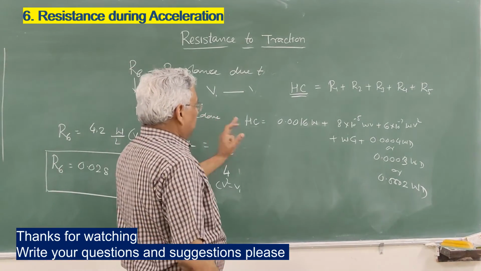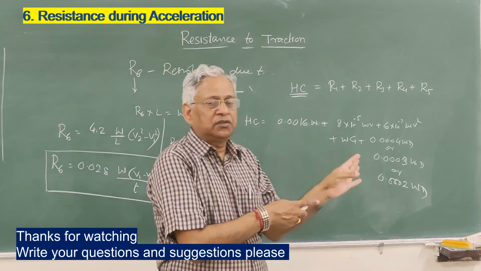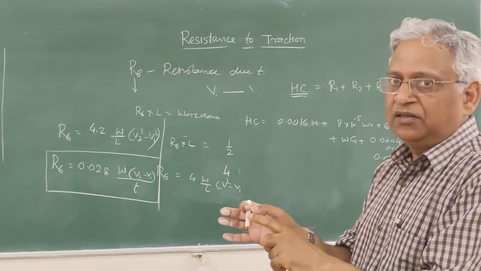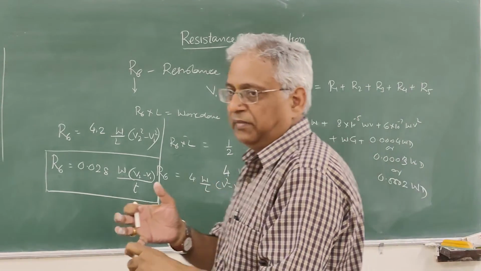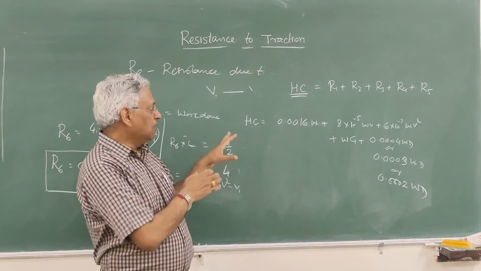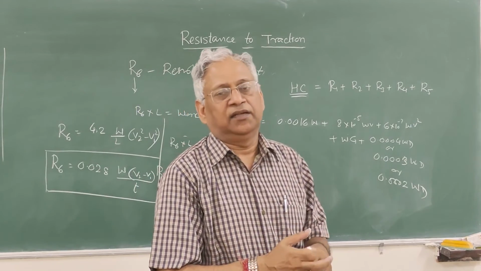Now, if you know the hauling capacity, this equation can be used to determine the weight of the train for a given speed, or the maximum speed of the train for a given weight of the train. So that is how it controls the weight and speed of the train.